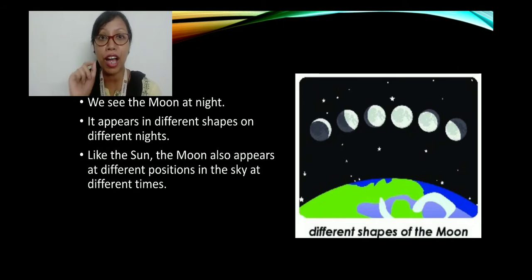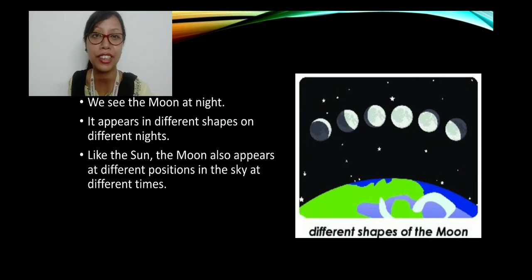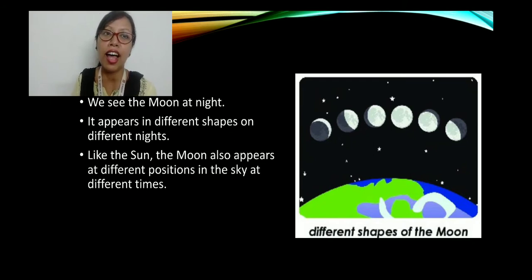No. If you have not seen, for 1 week just look at the moon every evening or at night. Then you will come to know that the moon also changes its shape every day. So this is very interesting. Just after you complete the unit test, go outside in the evening near the veranda or the balcony, and just look at the sky and the moon.